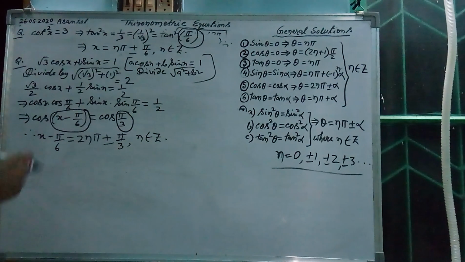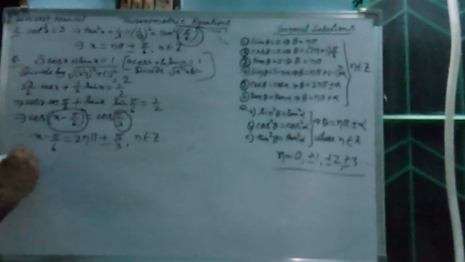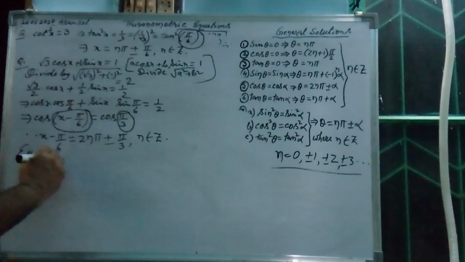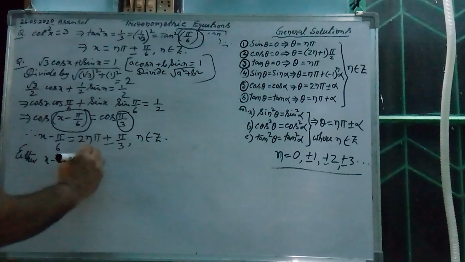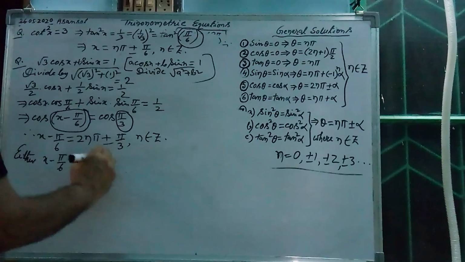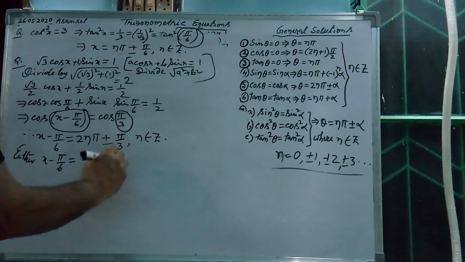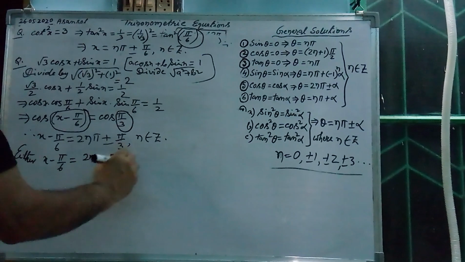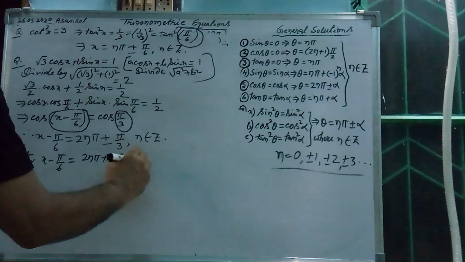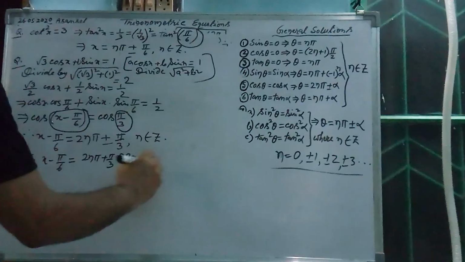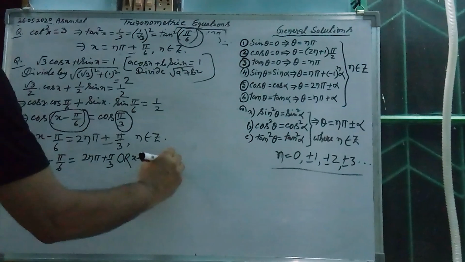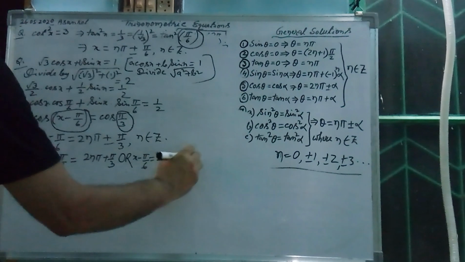Therefore, x minus pi by 6 equal to this. Either x minus pi by 6 is equal to 2n pi plus pi by 3, or x minus pi by 6 is equal to 2n pi minus pi by 3.